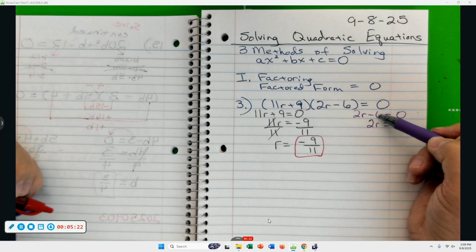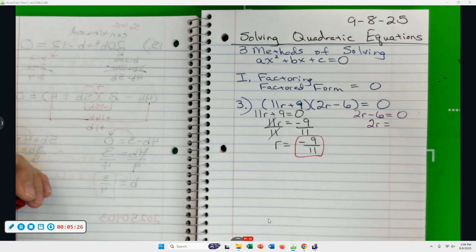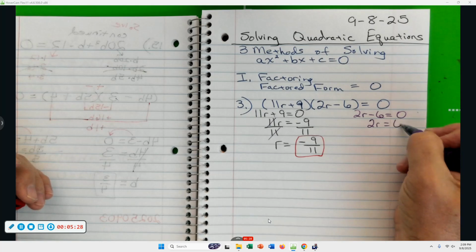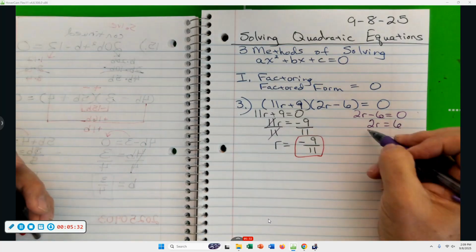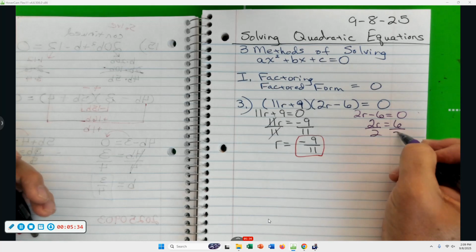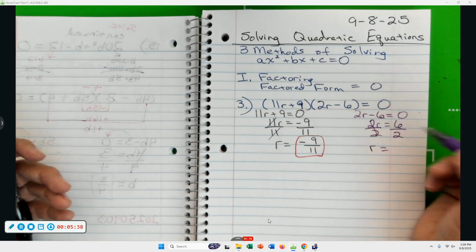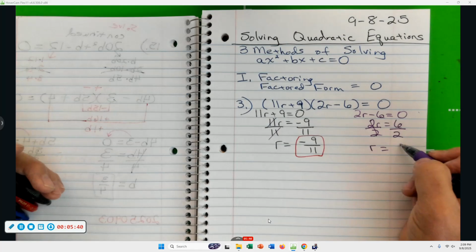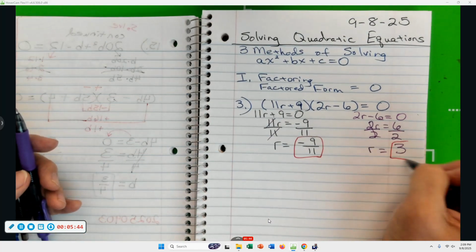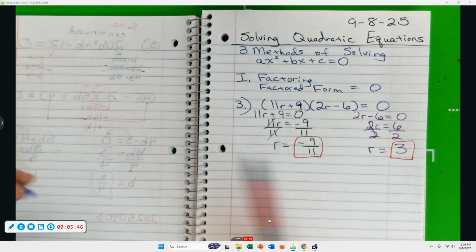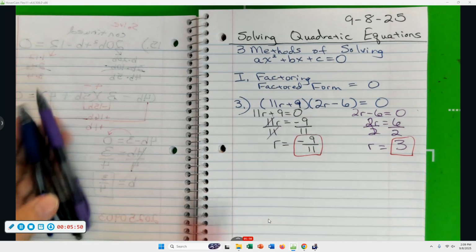Isn't that what happens when you do plus 6 plus 6? 0 plus 6 gives you a positive 6. And then divide by 2. The 2's cancel, leaving us r equals 6 divided by 2 is 3. So for the two answers that I have, negative 9 over 11 and positive 3.